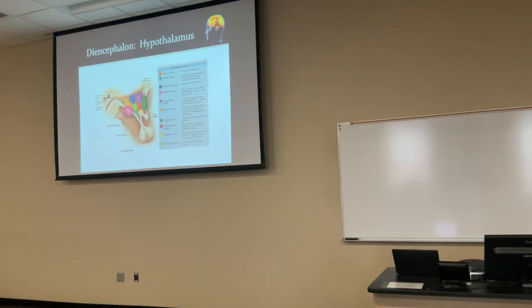There are a couple of different centers that are involved in sleep-wake cycles. One of them, this red area right here that's right next to the optic chiasm, which is probably no coincidence, is the suprachiasmatic nucleus.